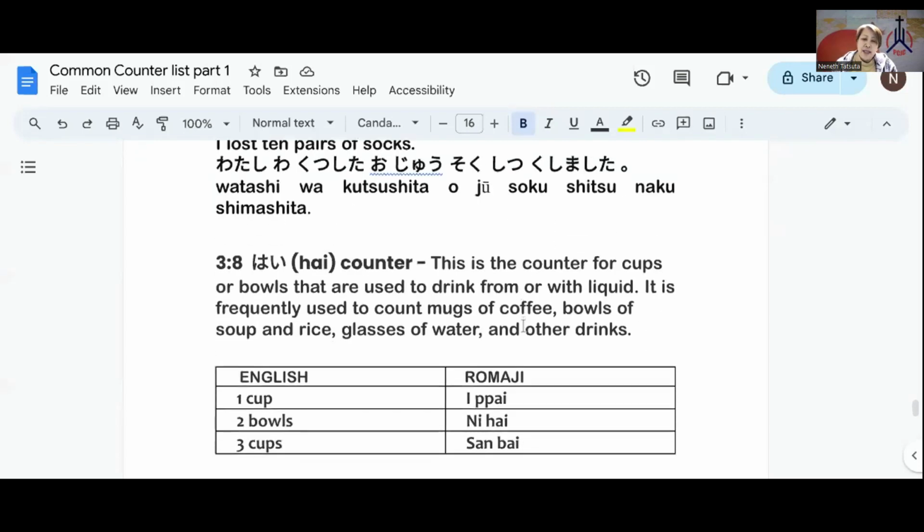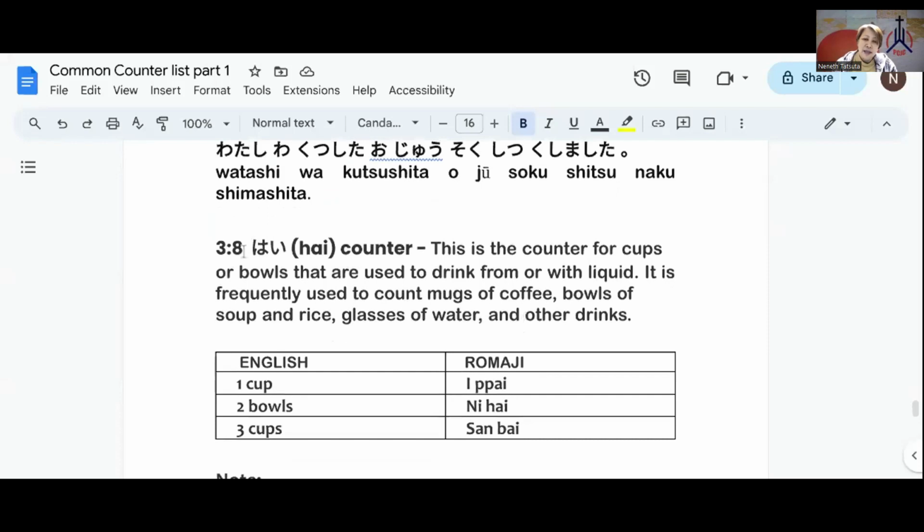For your hai counter, this is for cups or bowls, something with liquid, like ramen. Brother Iqbal sent a picture to you yesterday or the other day of udon or ramen, noodles with soup.